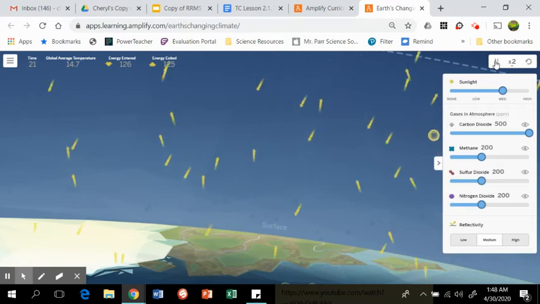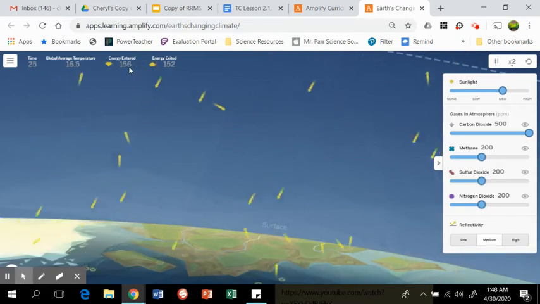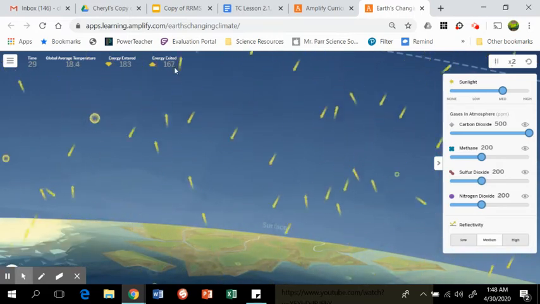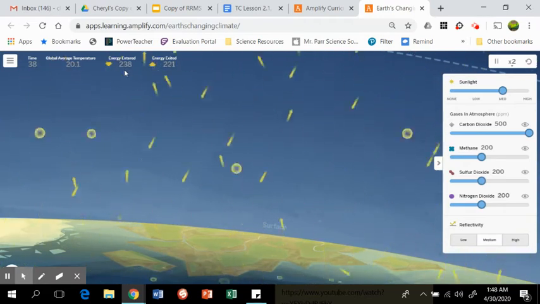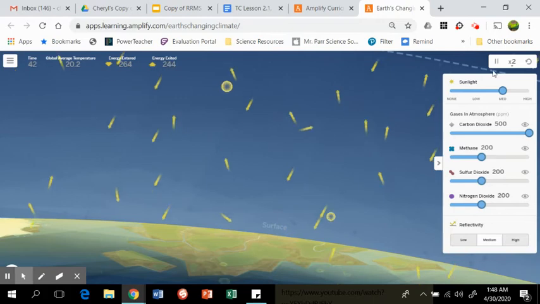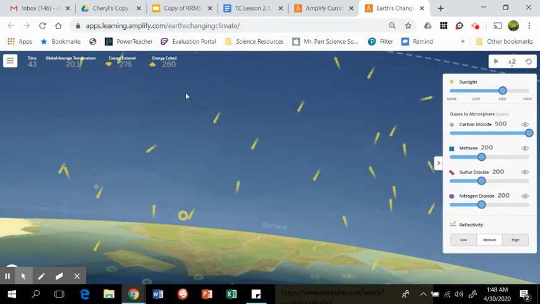All right, I'm going to let this play. Let's see. Energy entered. So far seems, oh, I'm starting to see an increase. Energy entered has definitely increased. I'm going to pause it here. Energy entered was 276. Energy exited was 260.